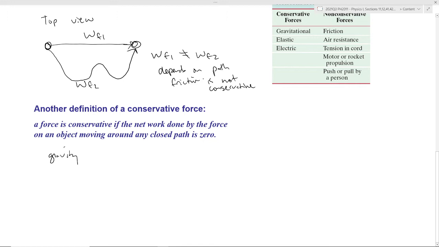If we look at gravity, if you start somewhere, say you go up and you go across and you come back to where you started, gravity's doing negative work as you're going up. It's doing positive work as you're going back. But since you're going back to the same point, the net work is equal to 0.